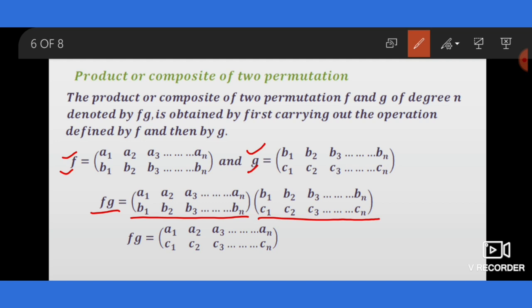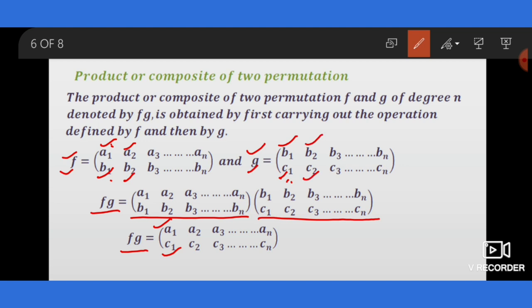For f replaces a1 by v1 and g replaces v1 by c1, so that fg replaces a1 by c1. Now a1 is replaced by v1, v1 is replaced by c1, then a1 is replaced by c1. Similarly, for the second column, f replaces a2 by v2 and g replaces v2 by c2.